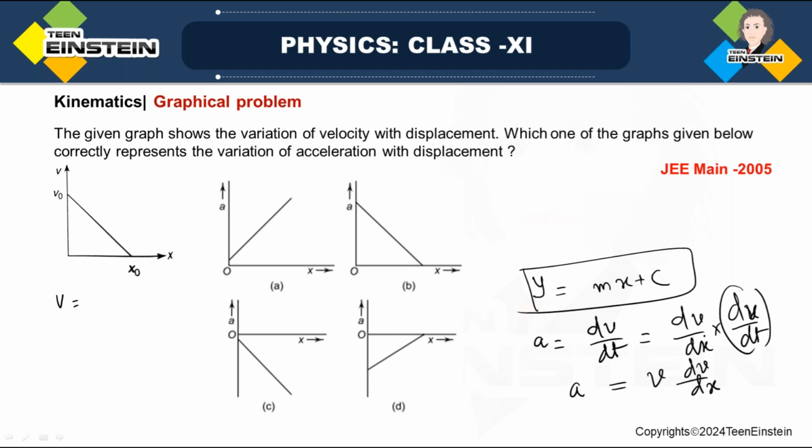Okay, so we know v is equal to minus v0 by x0 into x plus or minus c, right?